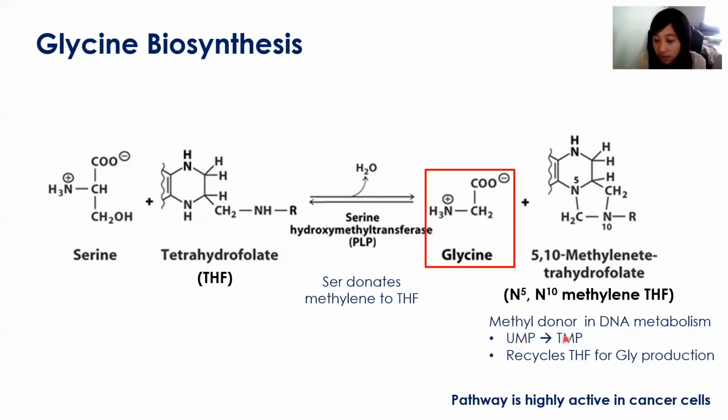And this reaction actually recycles the methylene THF back into THF for glycine biosynthesis. And this pathway is actually very highly active in cancer cells, which we will discuss in a later lecture.